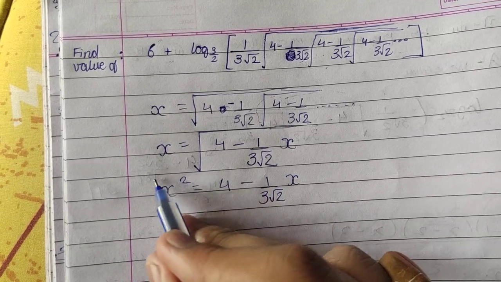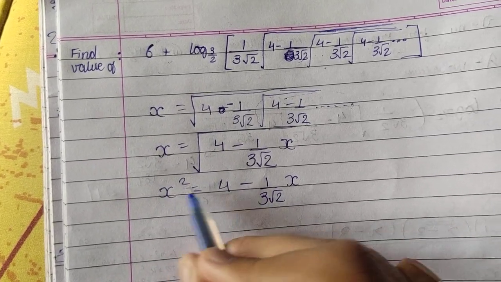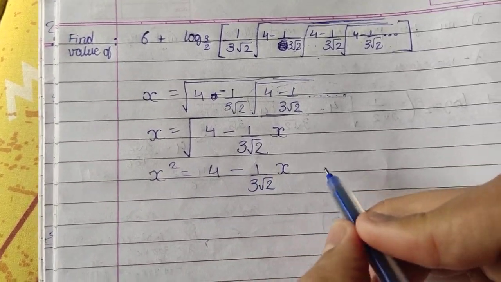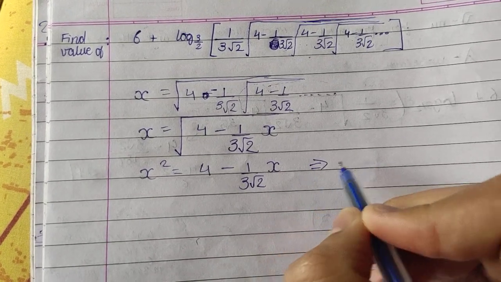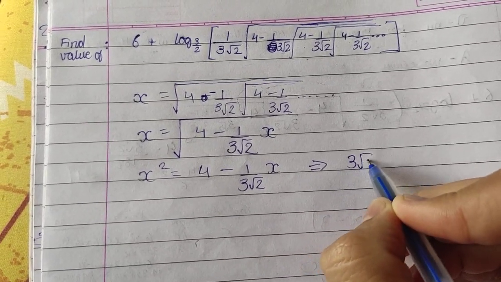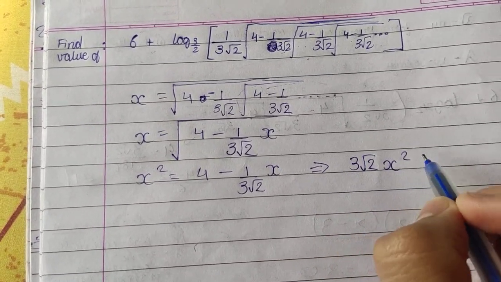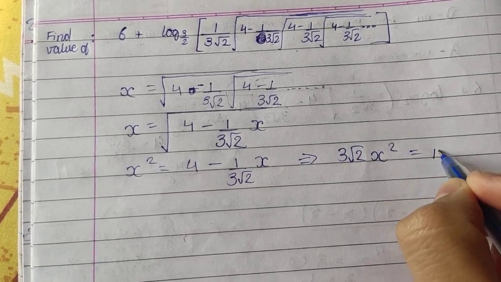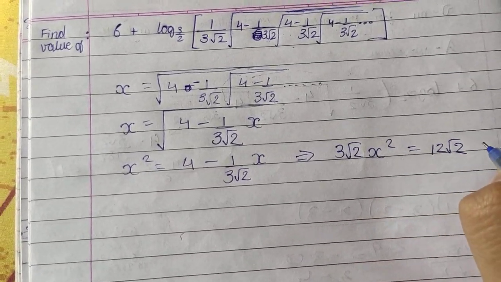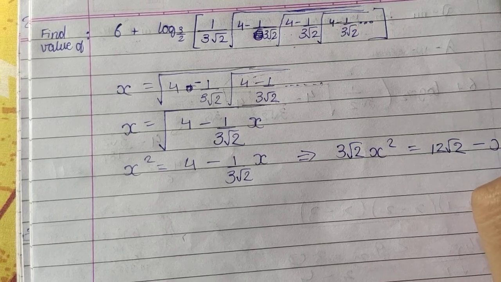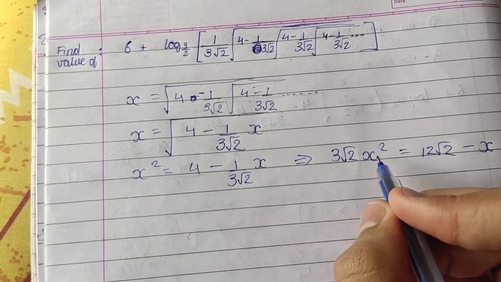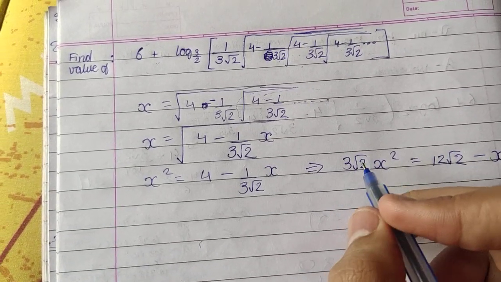Now we will multiply the entire thing by 3 root 2 so that we can get a simpler form of this. So I can write this as 3 root 2 x square is equals to 12 root 2 minus x. Okay, now I'll take this and this to this side.